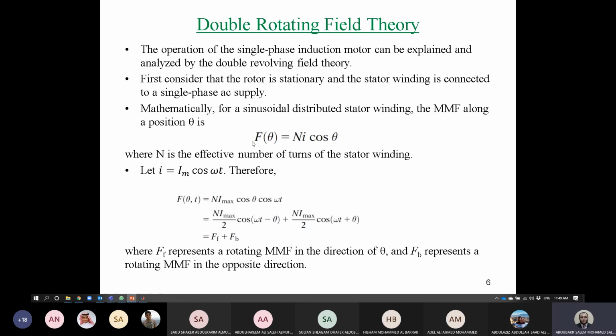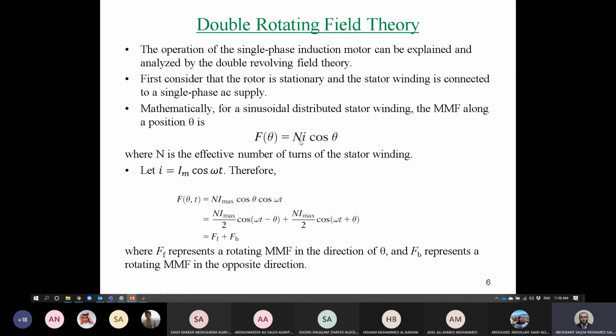It's the same equation. You know, the MMF of the single-phase machine can be calculated as Ni cosine theta, where N is the number of turns, I is the current, and theta is the angle from the axis of the main winding.